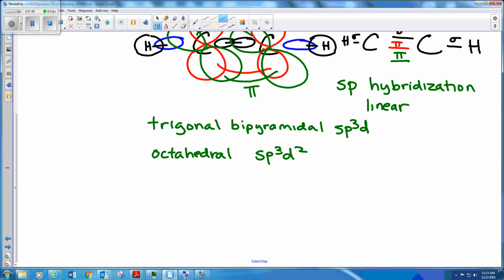Again, for octahedral, you have 6 domains around a central atom. So that would be an sp3 system with 2 d shapes overlapped around that. These 2 shapes are in dispute right now. They've sort of been debunked by the scientific community. So on the AP test, you won't see these 2, but you will see sp, sp2, and sp3.